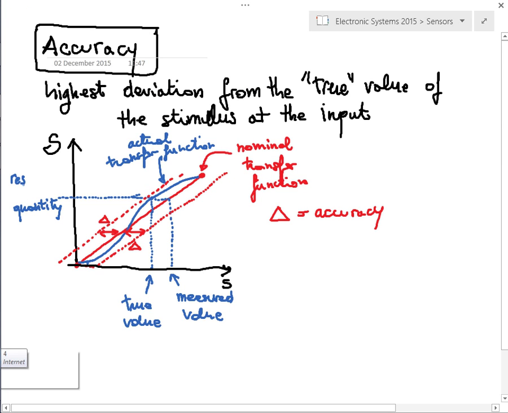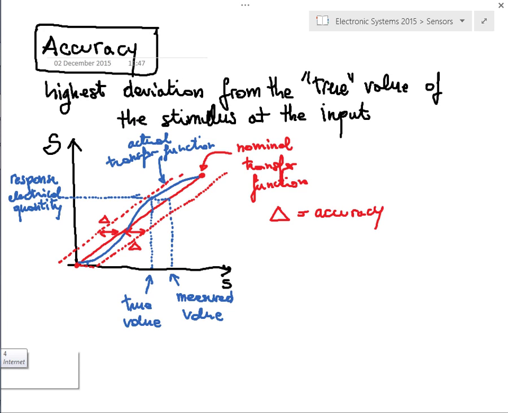This is the response of the system, the electrical quantity that we have. Of course, we interpret it as this measured value, but this is the true value. If we have defined the accuracy as delta, we know that delta is the maximum error that we can make.